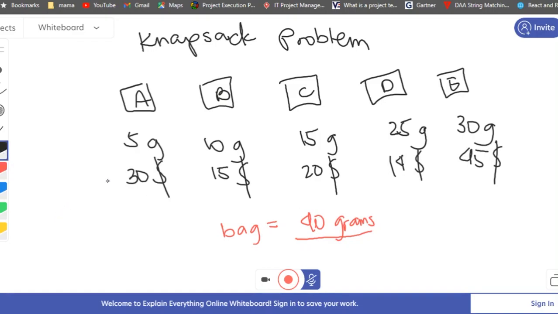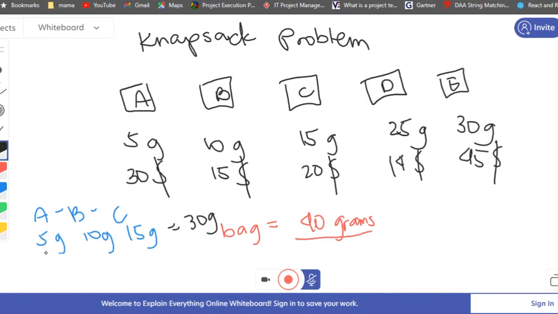So, kung pagsasamahin natin si A, B, and C, okay, A, B, and C, which is A equals 5 grams, and then B equals 10 grams, and then C equals 15 grams. Okay? So, 5 plus 10, 15, plus 15 grams equals 30 grams.